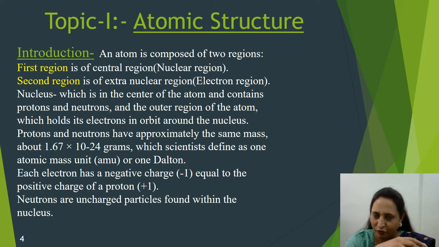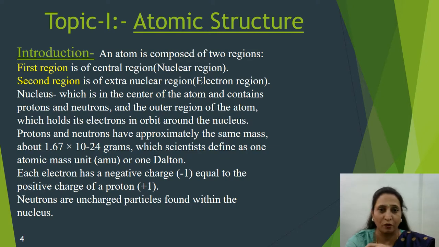One region is the nuclear region where protons and neutrons are present, and the second region is the outer nuclear region, that is beyond the nucleus. We call that part the extra nuclear part, which includes electrons. These electrons revolve around the nucleus in a definite path. We call that path an orbit.